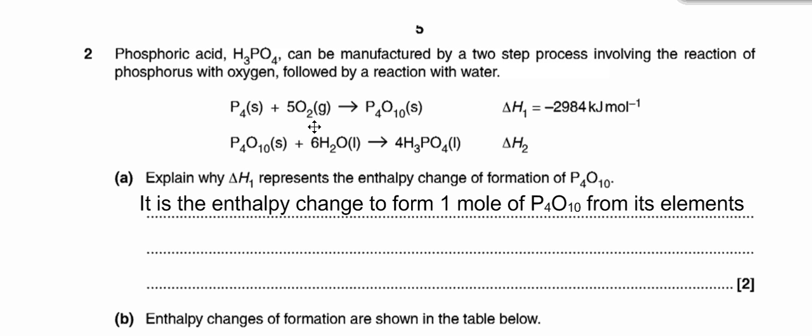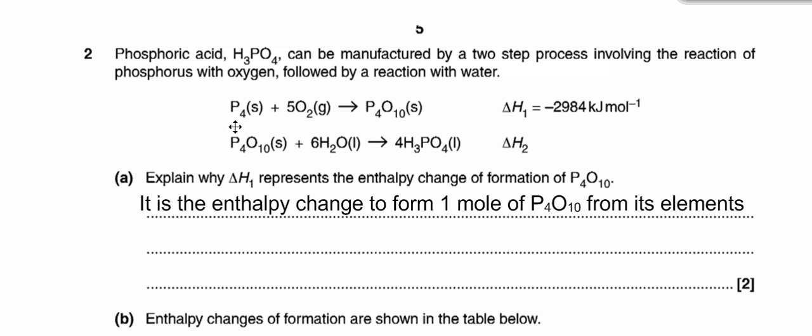So, if you can remember your definition, you're going to look and see here, have I got 1 mole? Yes. Now, enthalpy of formation, big hint in the fact that it's formation, being made. We're making 1 mole of a compound from its elements.